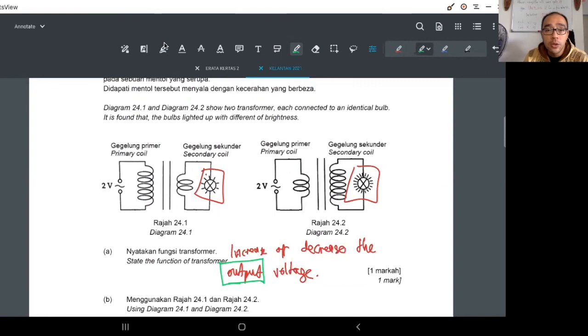If you say to control the output voltage, cannot. Control means that you can change it anytime you want. But if the number of coils is already set, you have no control, you already determine how much your output voltage is. So you're not really controlling in a sense. What you're controlling is the number of coils.